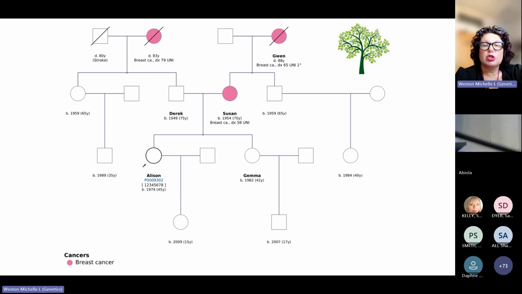When she's asking about genetic testing, she would not be eligible, because when we're looking at genetic testing, some of the things that are taken into account are the age of diagnosis of the person that's affected, the type of breast cancer, so whether it's hormone positive or triple negative, and then the family history.